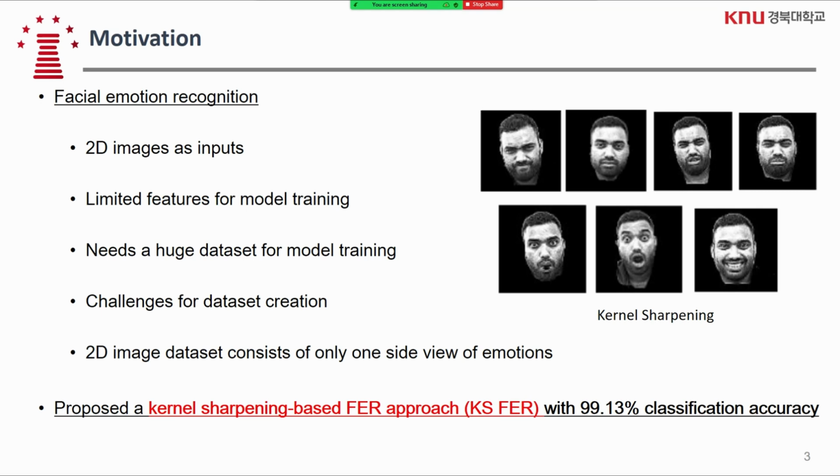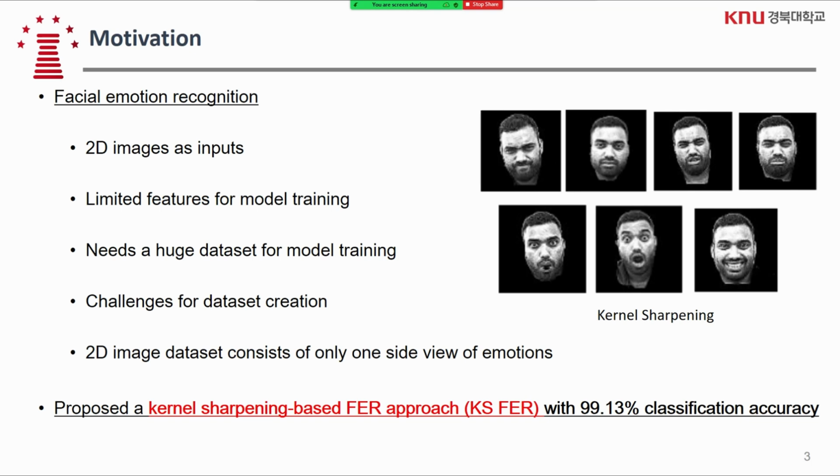So when we consider this type of scenario, creating a dataset is the first challenge. Also, most of the images are in a 2D image dataset, so only one side view of emotions. So there will be some compromise we have to make in the accuracy or performance of the system.